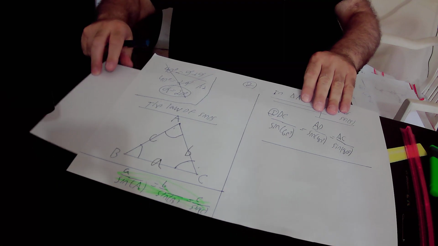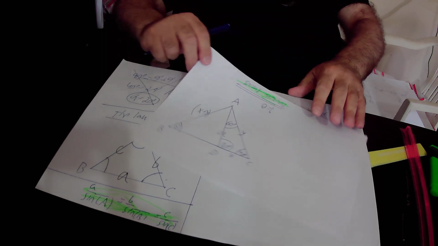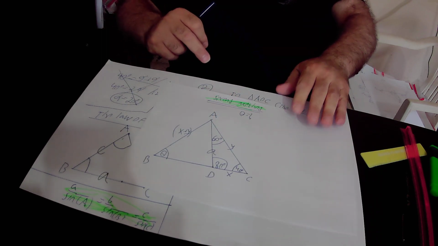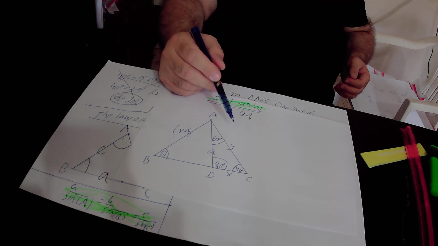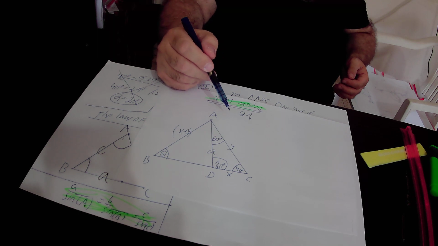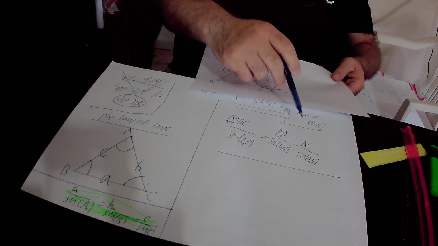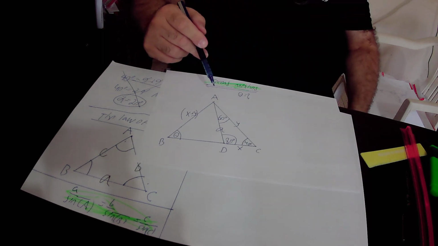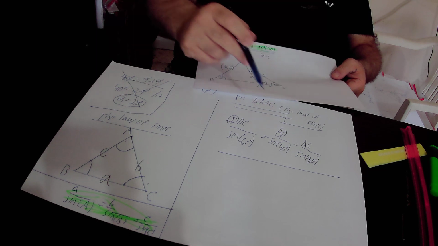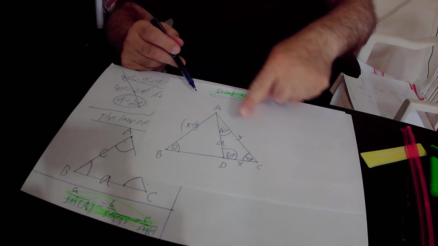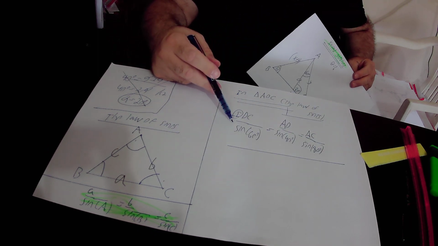Then we will implement the law of sines in triangle ADC. This is triangle ADC. According to the law of sines, we get that AC over sine 80 degrees equals AD over sine 40 degrees, and it is equal to DC over sine 60 degrees.